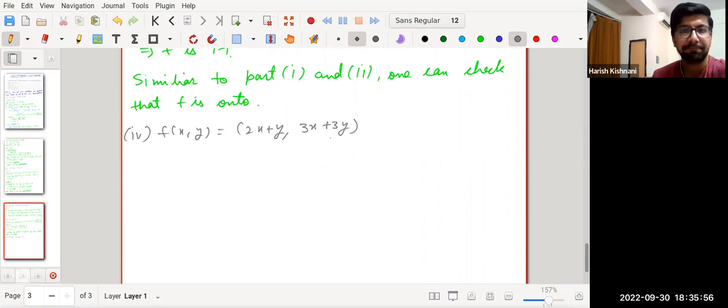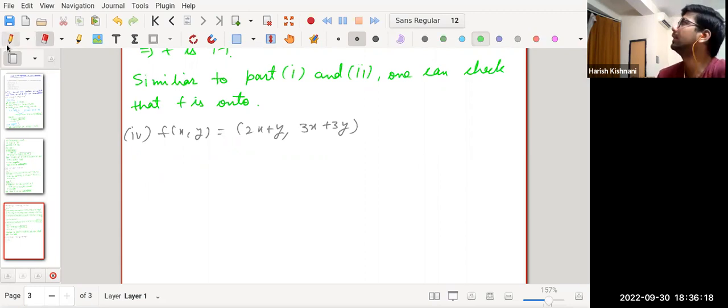So there is a twist in that, because this function won't be injective, or you can say, yeah, sorry, it is injective, but it won't be onto.